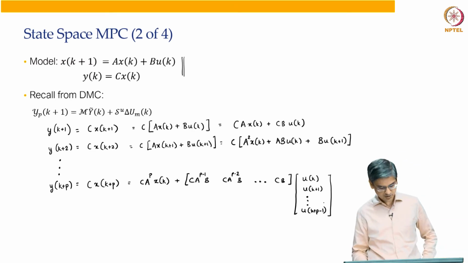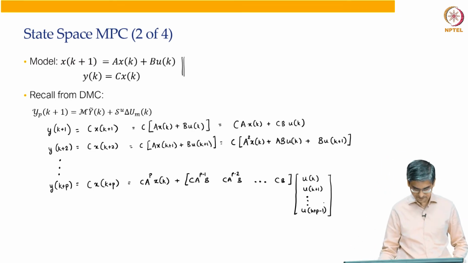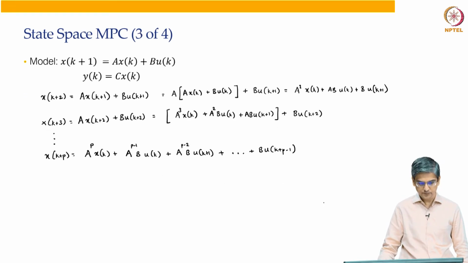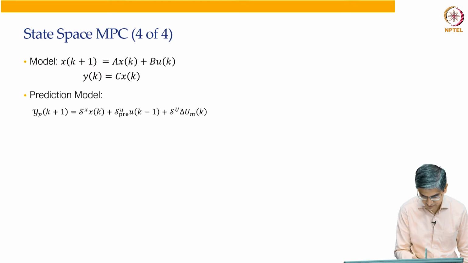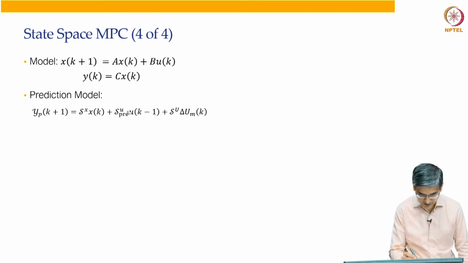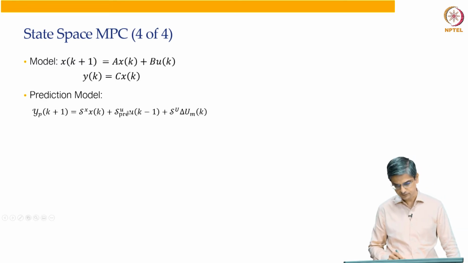Okay. So, this is what we get. Okay. So, now let us use this in order to build our model prediction equations of this form. Okay. In order to build model prediction equations of this form, this is what we are going to do.